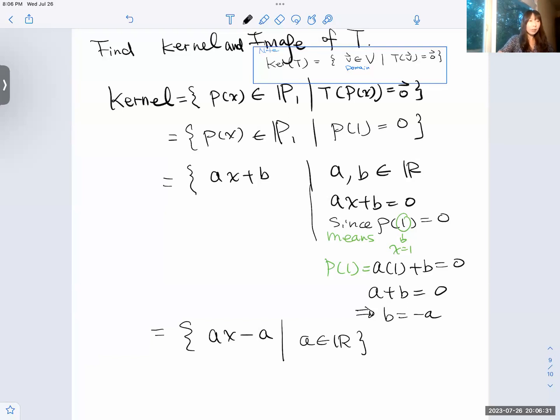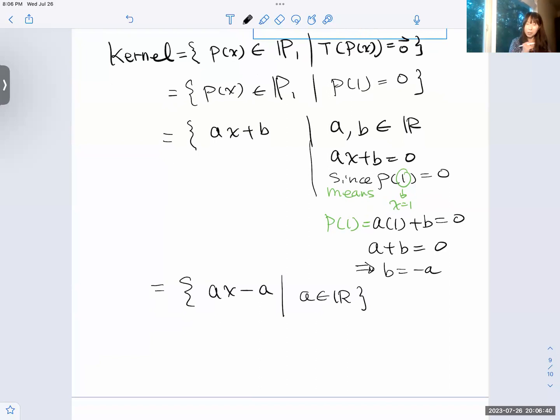So that is the kernel. We're just following the steps.